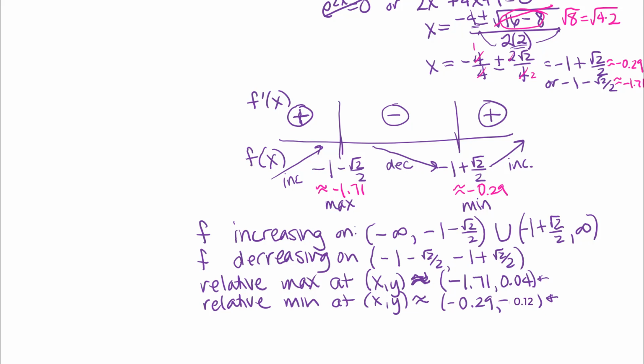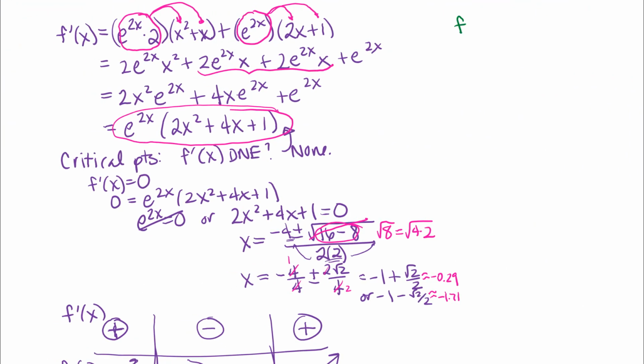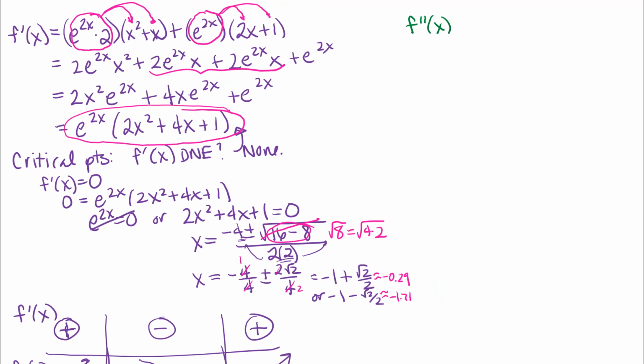Okay, let's go ahead and find the things that the second derivative tells us about. So I'm going to find my second derivative, and I'm going to do that by using this first derivative, the form that I have circled here that's got the e to the 2x factored out. All right, so I'm going to need product rule and chain rule again.